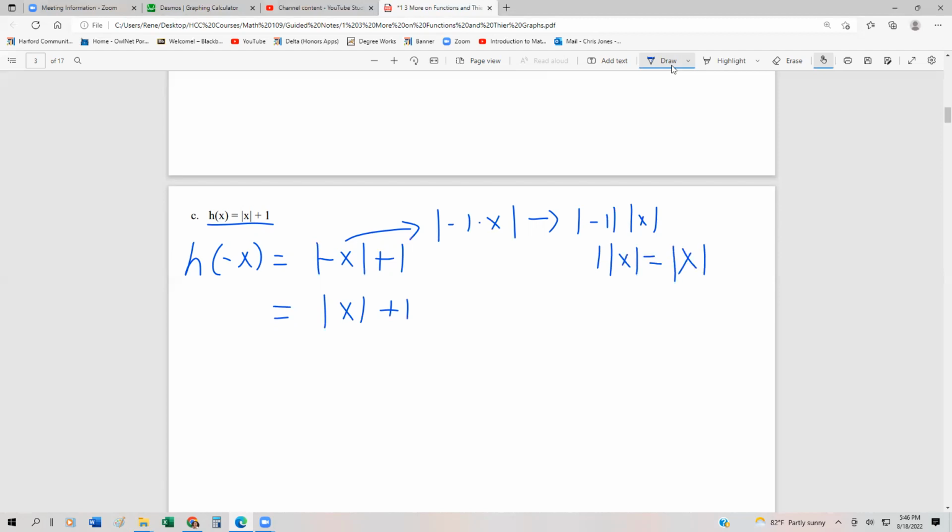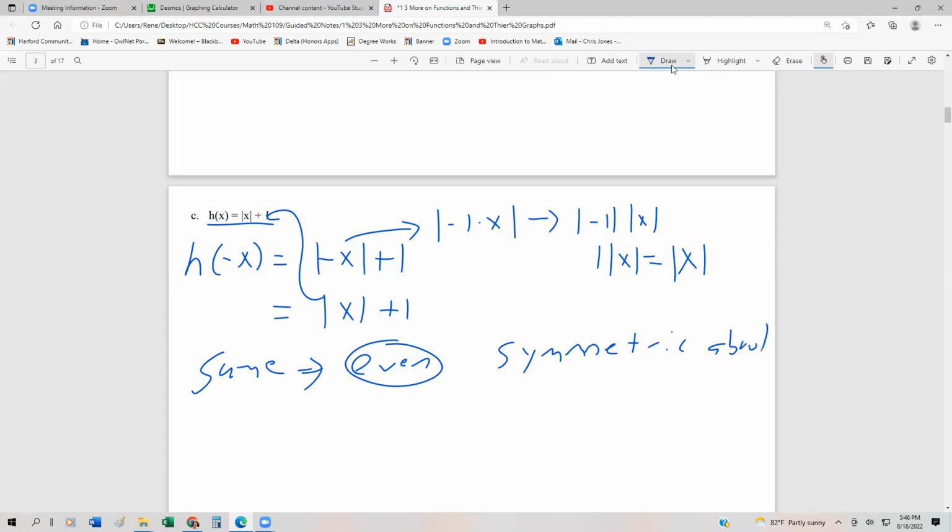So just verifying for you, if you're the type of person that really cares fundamentally about how that happens. Regardless, what we notice is that these are the same, which means that we have an even function. And anytime we have an even function, it is symmetric about the y-axis.